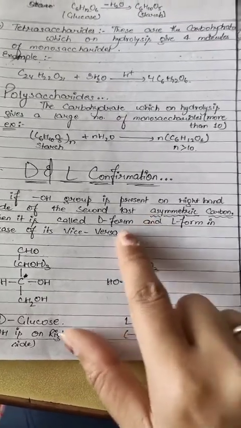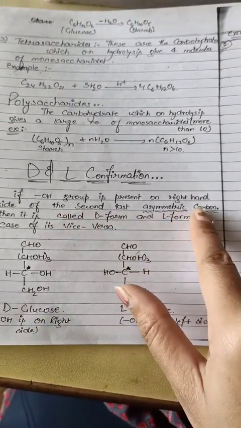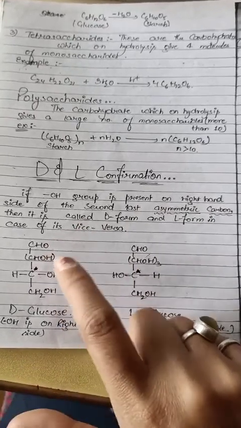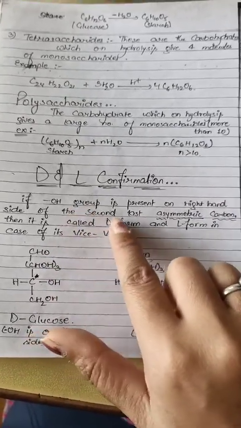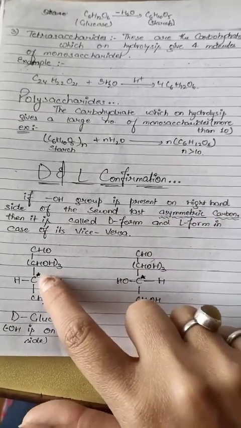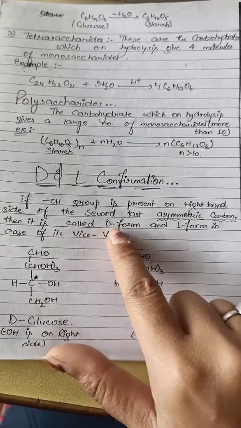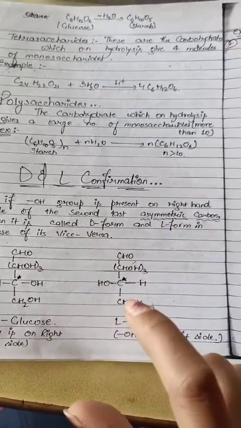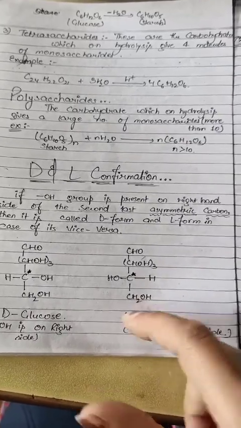So you can see, if the OH group is present on the right hand side of the second last asymmetrical carbon, then it is called the D form, and the other one is said to be the L form, and vice versa.